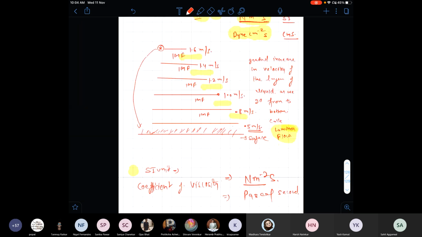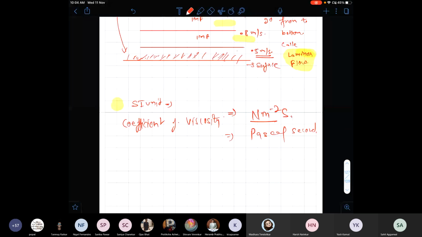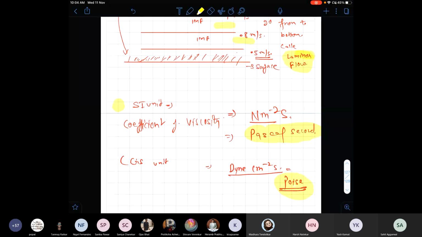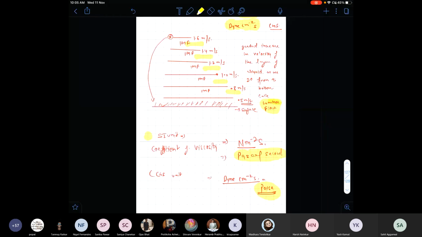Done. If we take CGS unit, it will be dyne centimeter square inverse second. It is called poise. ये सारी information important है. Can be asked. Understood? All of you. You have done?